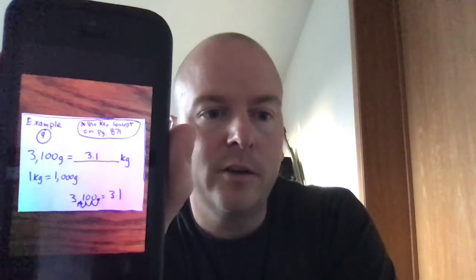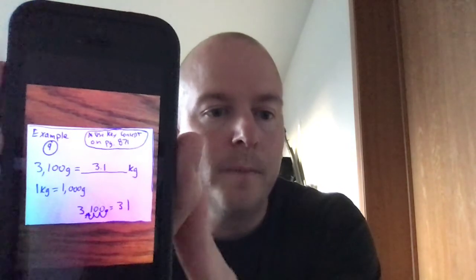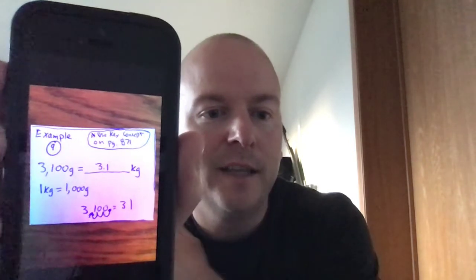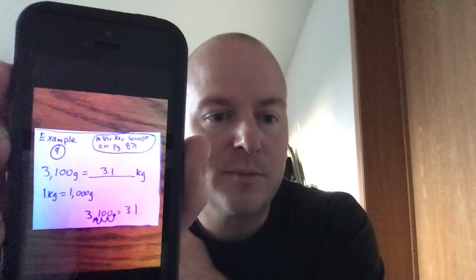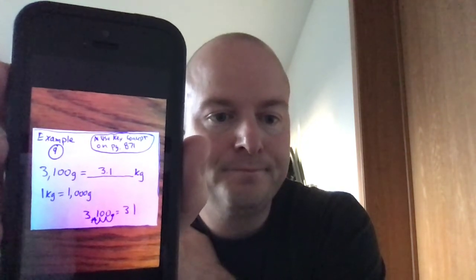So again, 1 kilogram equals 1,000 grams. And so you should be able to see that that would be your 3, and then you have your 0.1, or you come right down here, and you need to move that decimal 3 places. So there it is, and you go 1, 2, 3. And there you go.